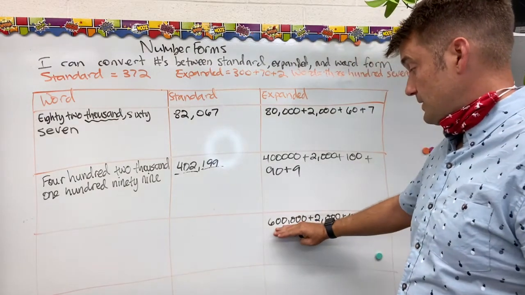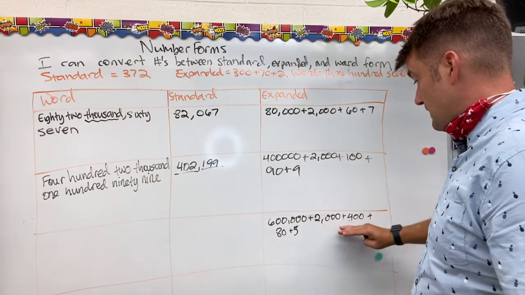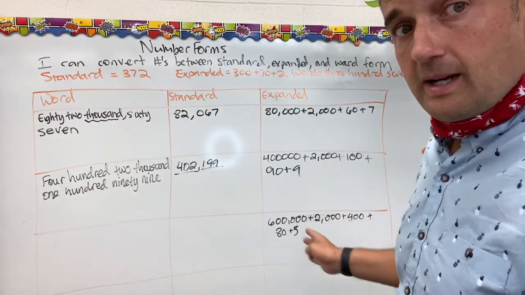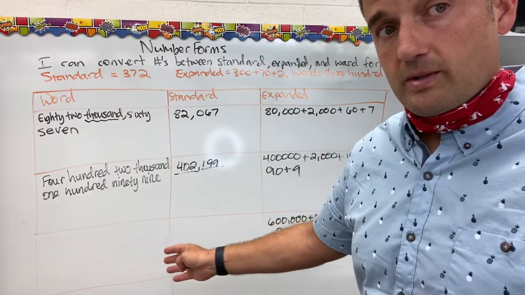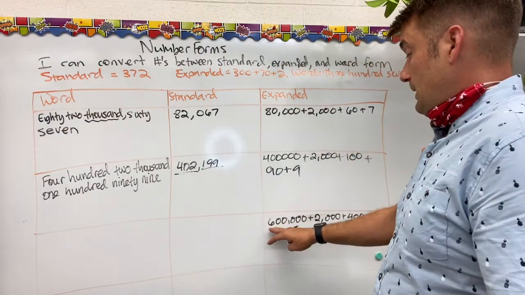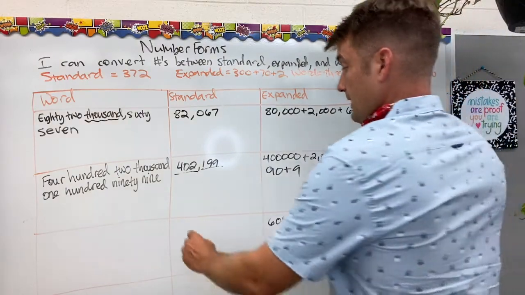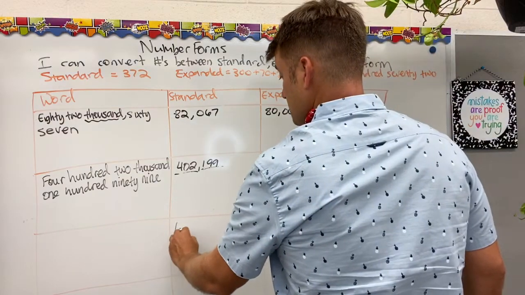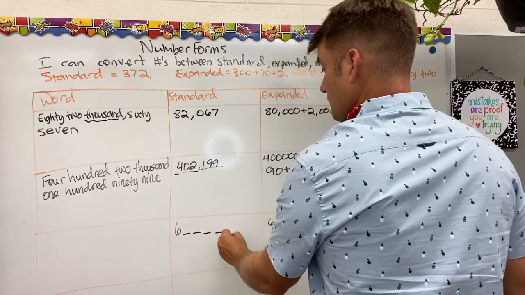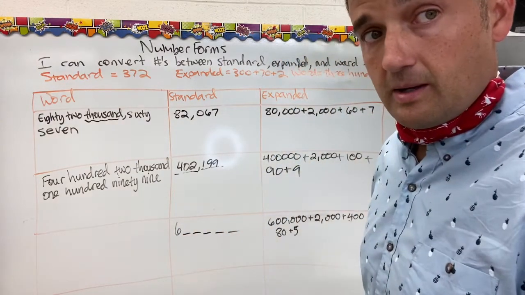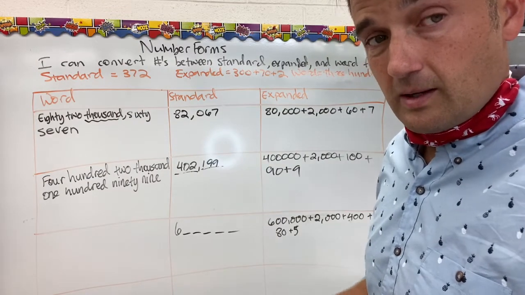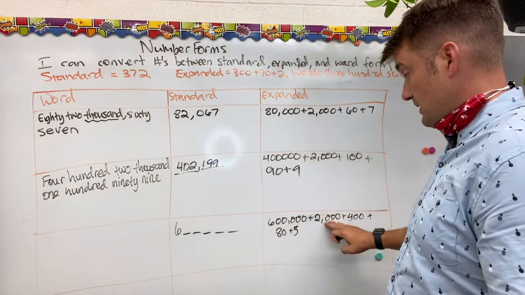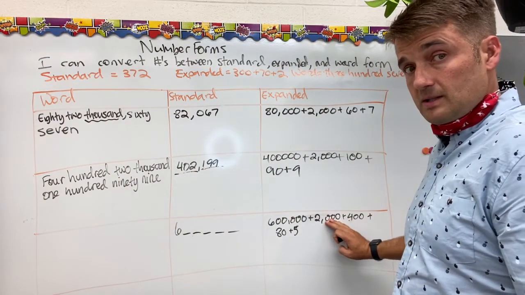Now, 600,000 plus 2,000 plus 400 plus 80 plus 5. I have it in expanded form. I need to take it into my other 2 forms. So I'm going to start with this: 6 with 5 zeros. I'm going to fill those up, but I might have a 0 in there, so I want to make sure that I'm keeping my spacing correct. The 2,000 has 3 zeros after it.